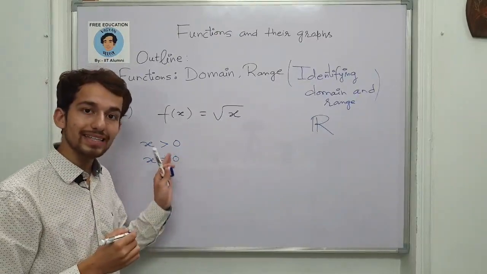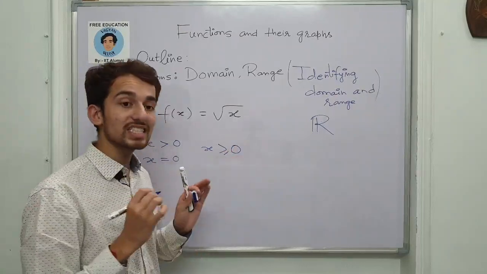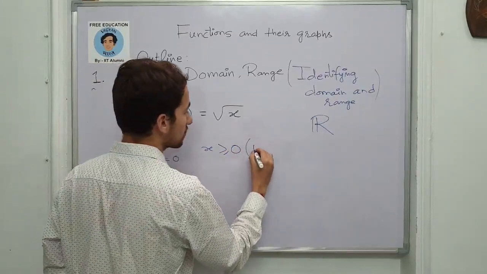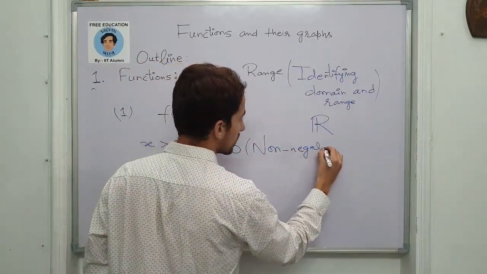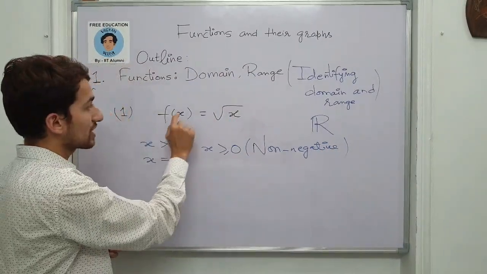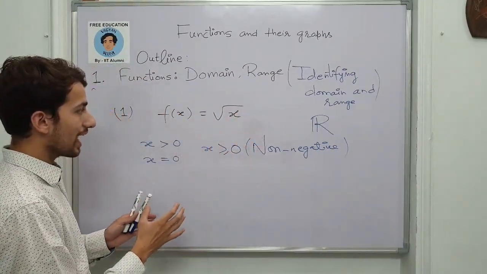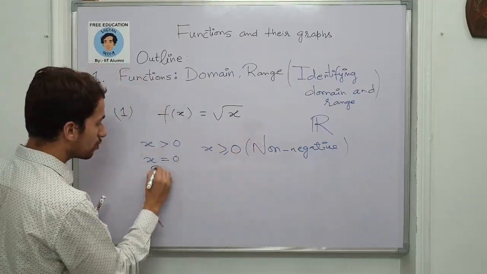So if I combine these two values, I have an option to take x greater than or equal to 0, and such values are called non-negative. So these are the possible values for which this function is defined, and I can give all these as input values. So what is your domain?